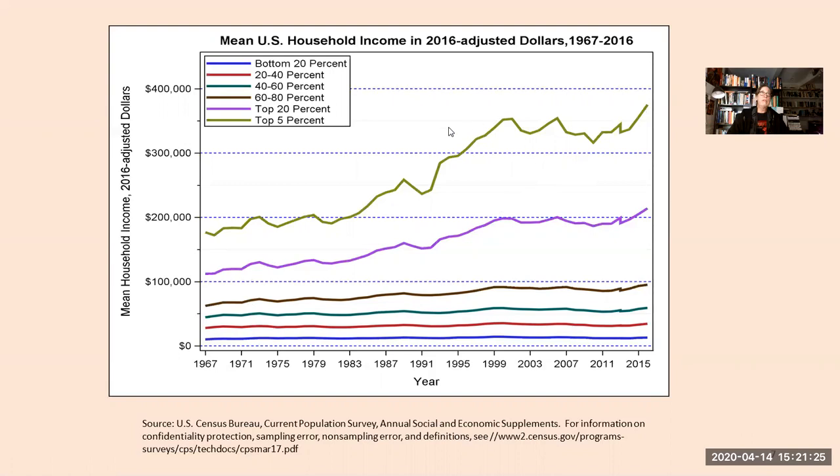If you look at the top 1%, it's even more dramatic. And then if you go to the 0.1%, there's been tremendous growth in incomes in those few households that make up the top 0.1% of the distribution.